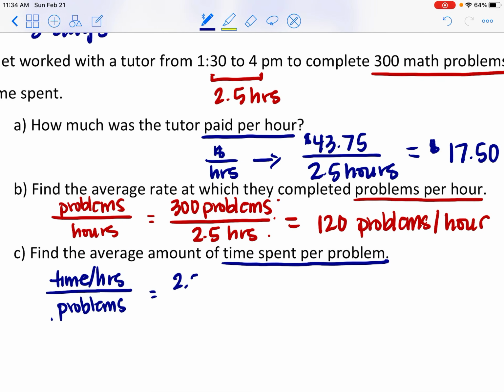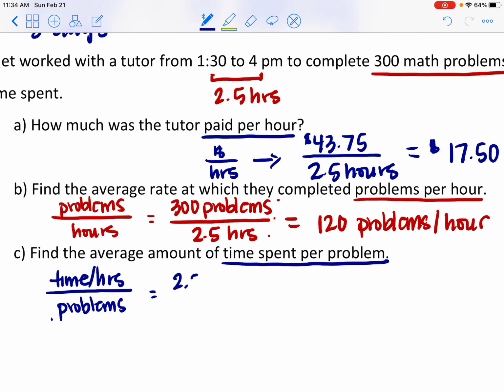So, actually, dividing 2.5 by 300 gets us this kind of an ugly number here. Would we want to say it's 0.0083 repeating hours per problem? That's a little bit of a tough concept to wrap our brain around. Like, what does that look like?